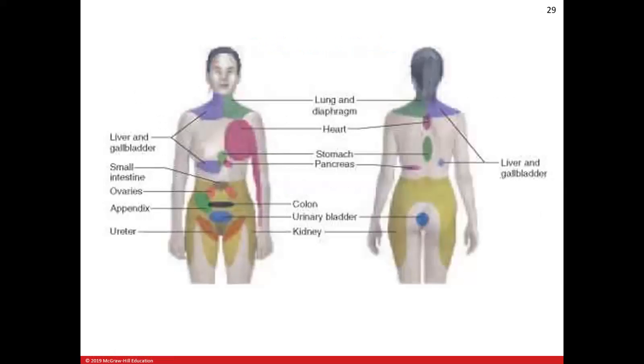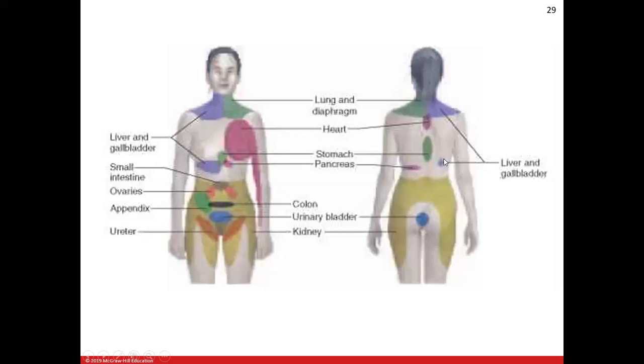Now here's a referred pain graphic, and this just shows some of the areas where you're going to perceive the pain that comes from visceral tissue. Some of the most common tend to be the heart and the gallbladder. You'll notice that when you have heart issues, it can manifest itself as chest pain, but also can give you pain down the arms. When you look at the gallbladder, you'll notice that there's a couple spots in the back.